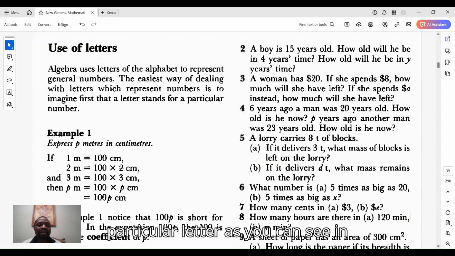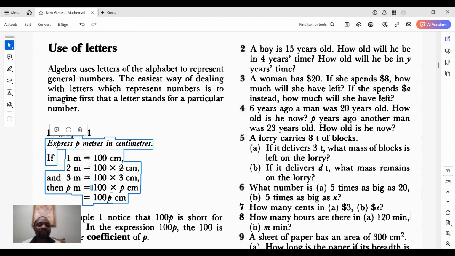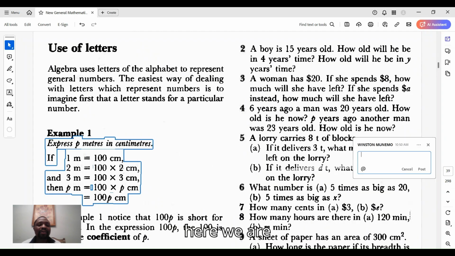As you can see in our example 1, we are asked to express p meters in centimeters. How can you express p meters in centimeters?